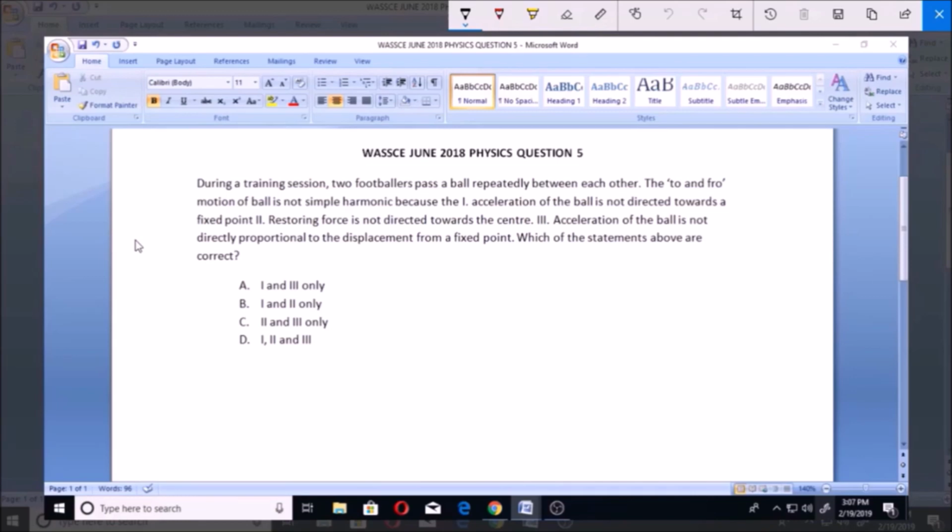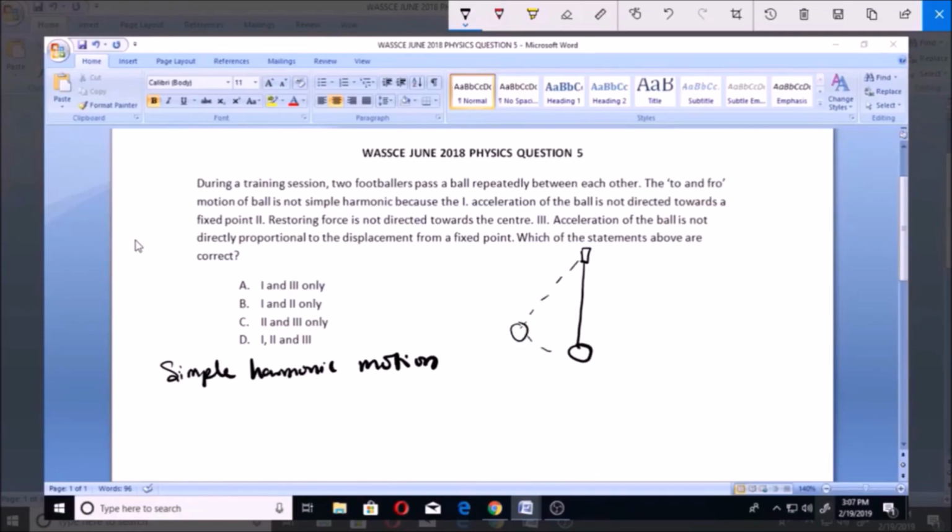Now, for us to understand it, we need to understand what a simple harmonic motion is. What are the examples of simple harmonic motion? From what we learned, we know that a simple pendulum is an example of simple harmonic motion.